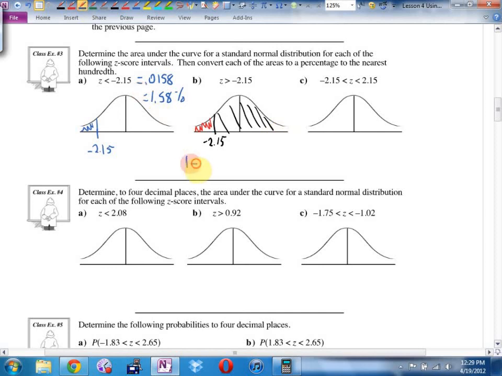1 minus 0.0158. What's the area to the right of negative 2.15? This is why I'm always going to do a sketch, by the way, to make sure I'm finding the right area.